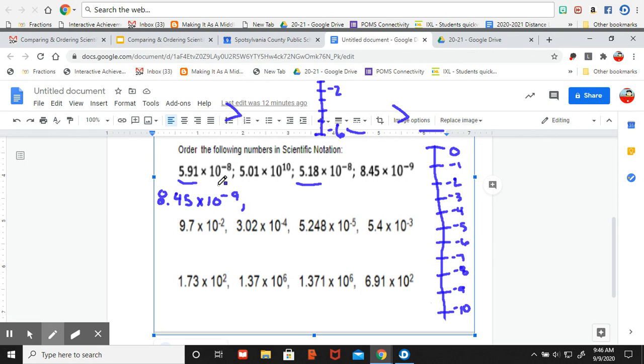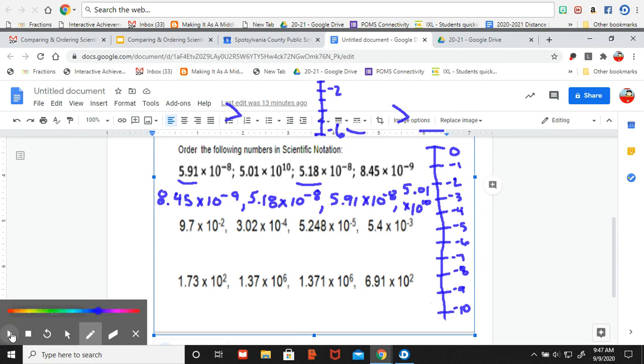So we're going to write that down next. As you can see, 5 and 1800ths times 10 to the -8th power would come next, then 5 and 9100ths times 10 to the -8th power. And our greatest value, I had to squeeze it in up here, is 5 and 100ths times 10 to the +10th power. That was our greatest value.